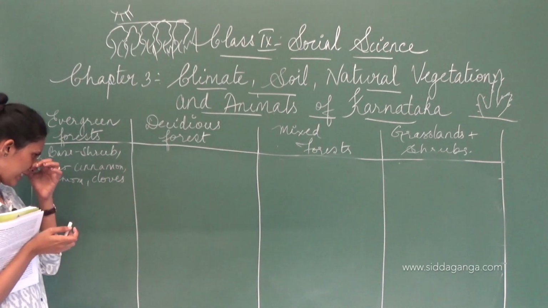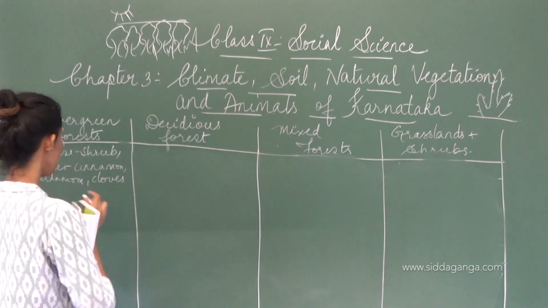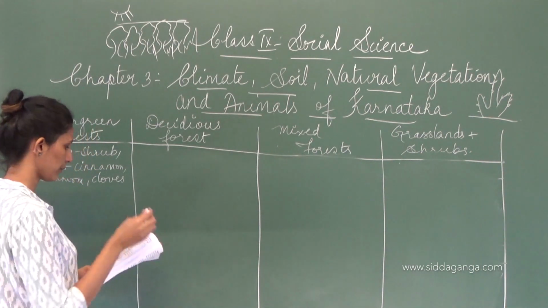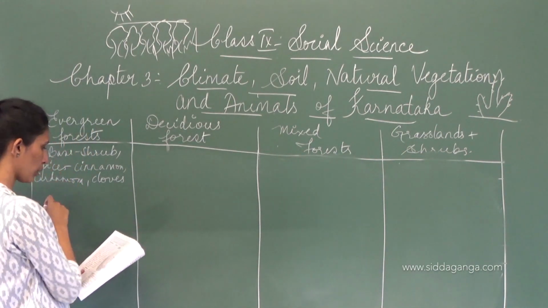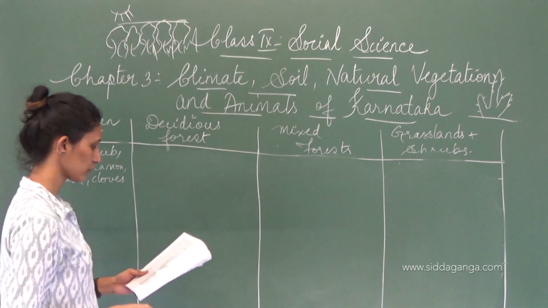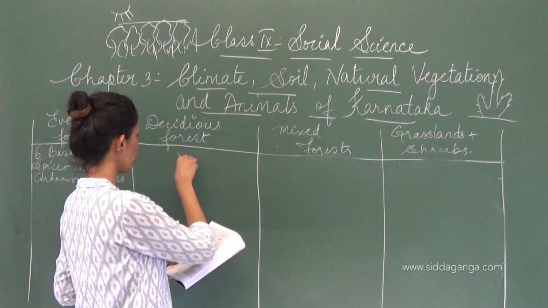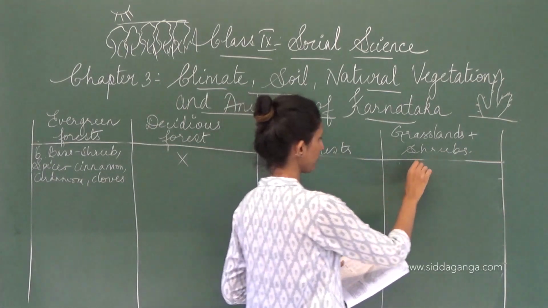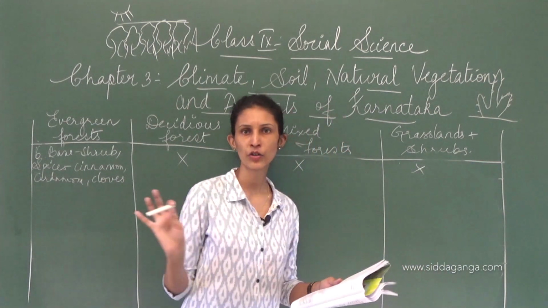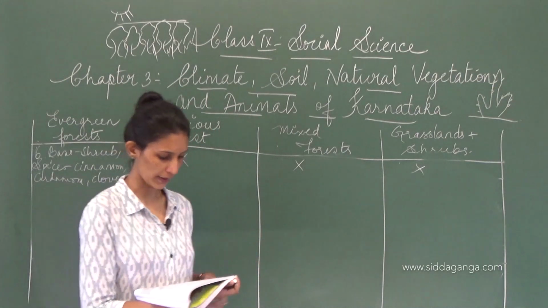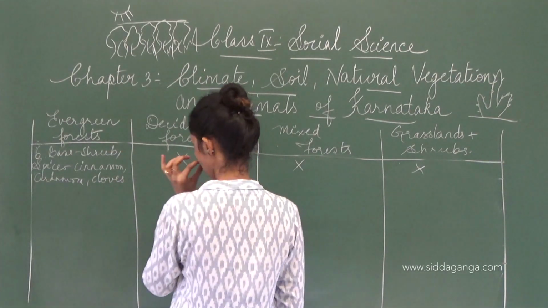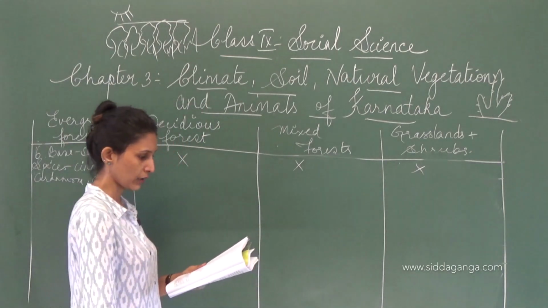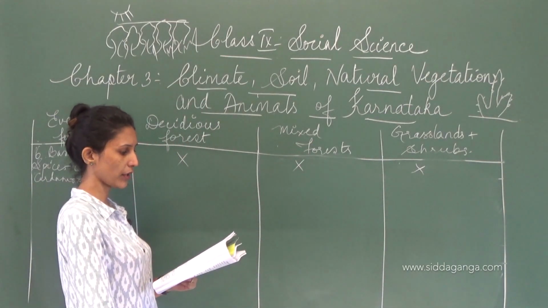Cardamom is elaichi. These are grown. Now in this there are no spices like that. In this also no spices, and nothing dealt with spices there. Only that point you had to add, that at the base there are shrubs. So we'll move to the next point.